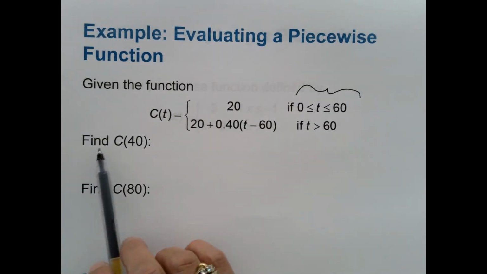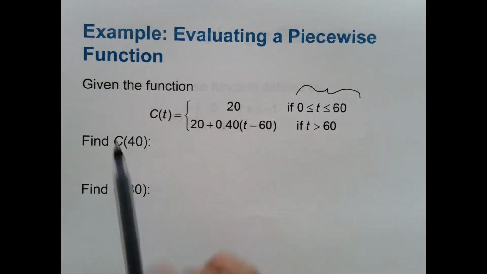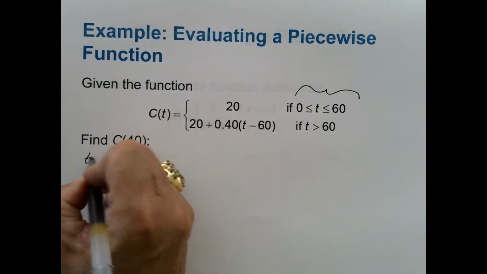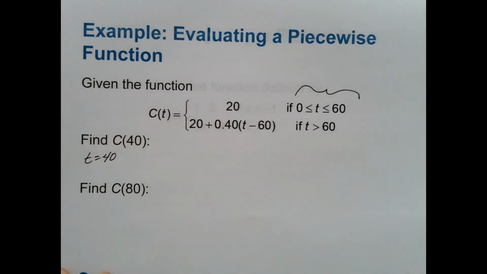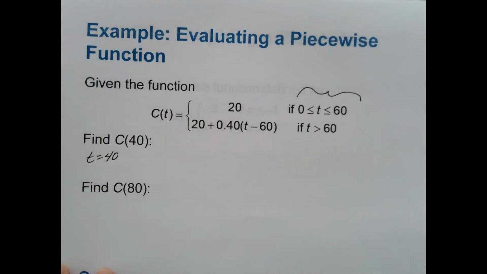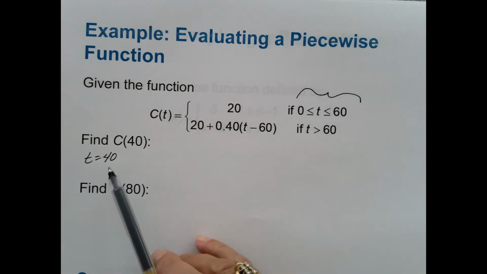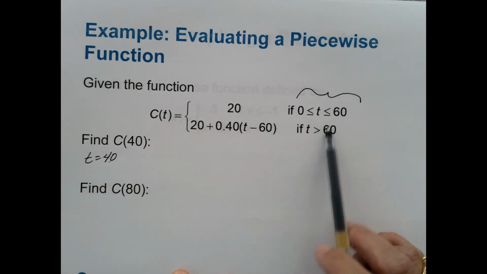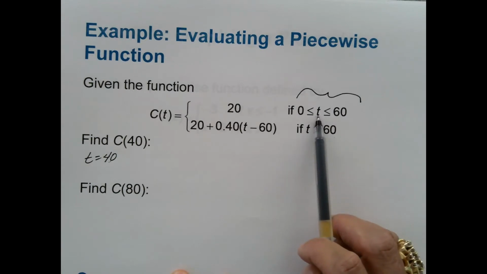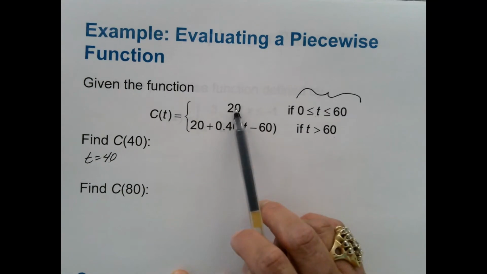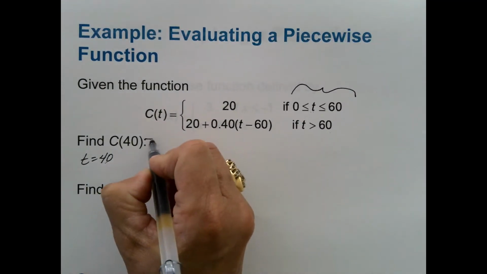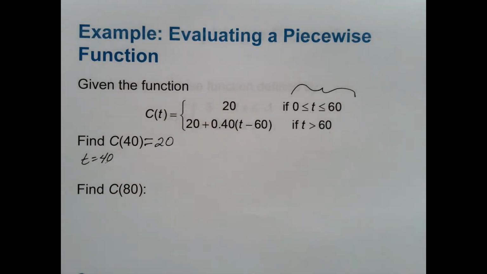And so, for example, to find c of 40, this says I'm plugging in a t equal to 40. When t is 40, is the top or the bottom piece the appropriate piece? Which one? Top. Notice I compare 40 to my instructions over here. 40 is between 0 and 60, telling me that my output is just 20.